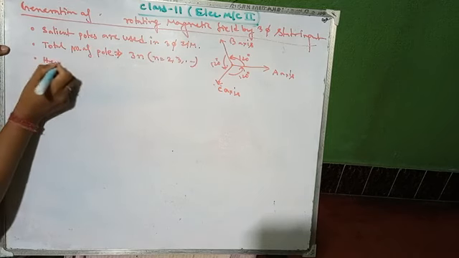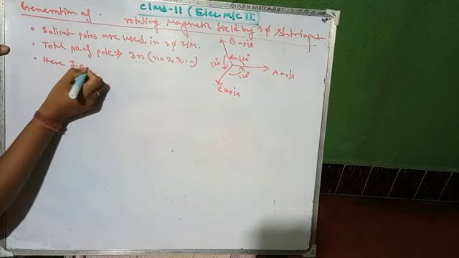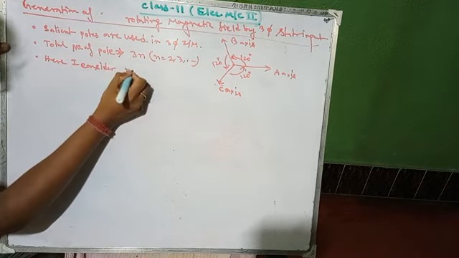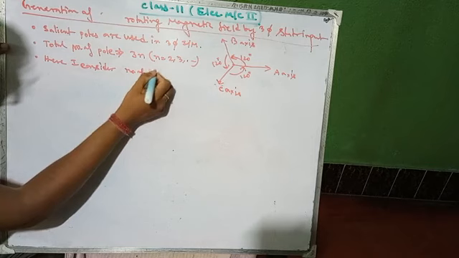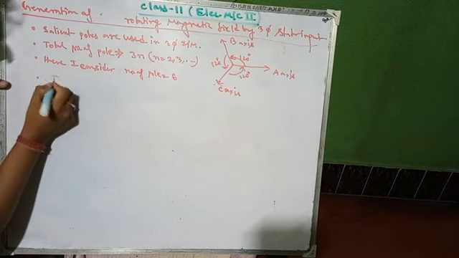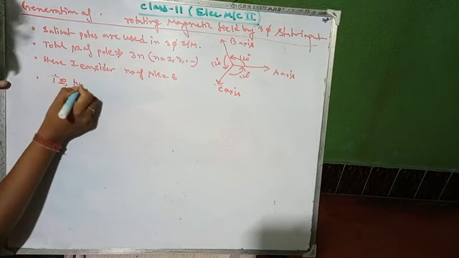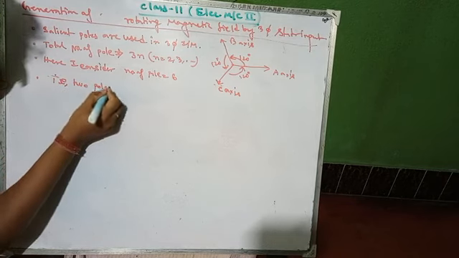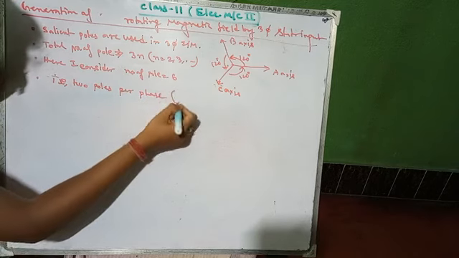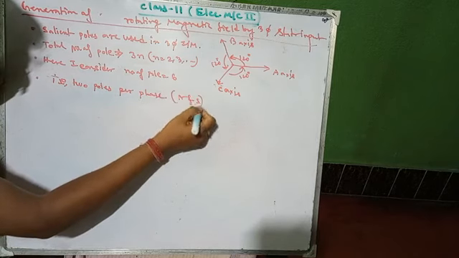Here I consider the number of poles equal to 6, that is, 2 poles per phase, north and south.